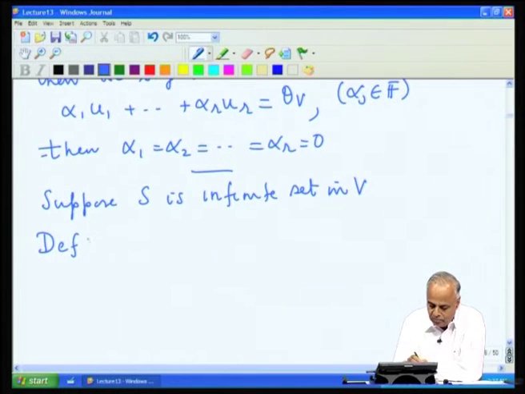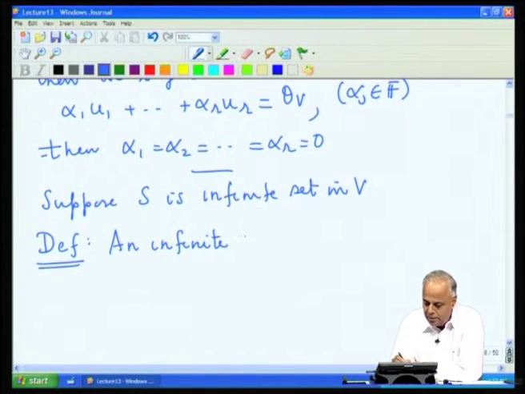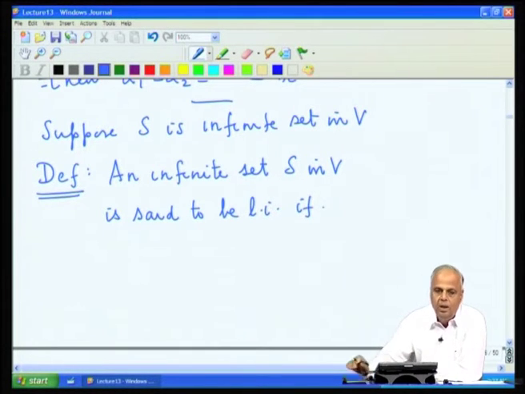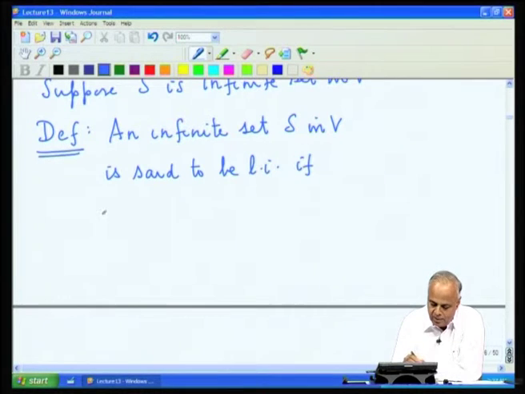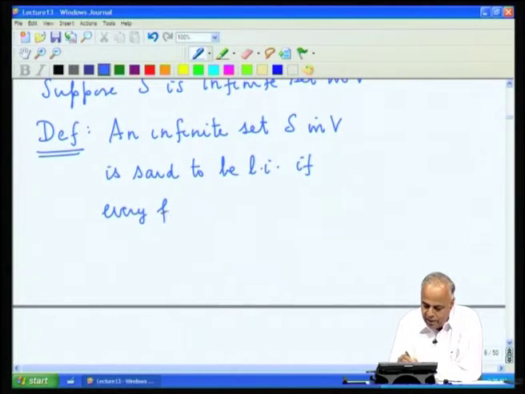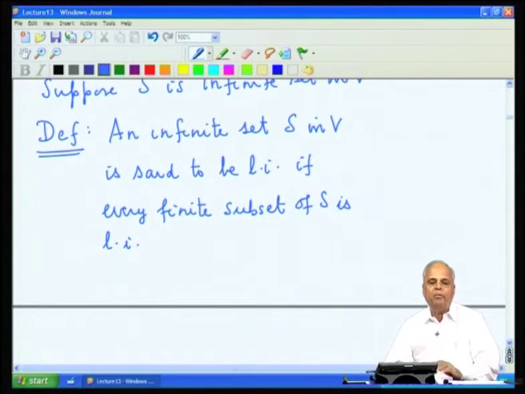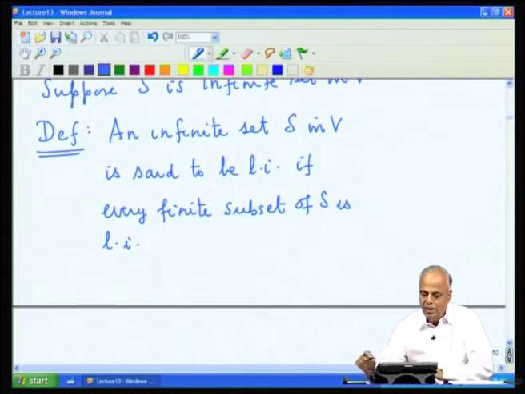Definition: an infinite set S in V is said to be linearly independent if every finite subset of S is linearly independent. The moment you have a finite subset of S, we have the notion of linear independence, so we can check whether it is so. If every finite subset of S is linearly independent, then we say the set S is linearly independent.